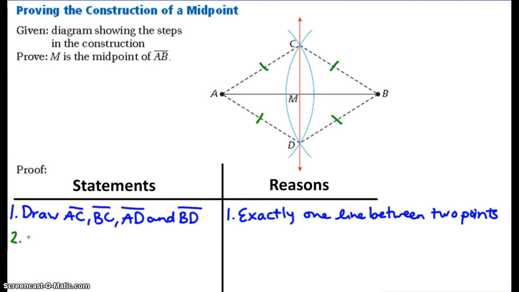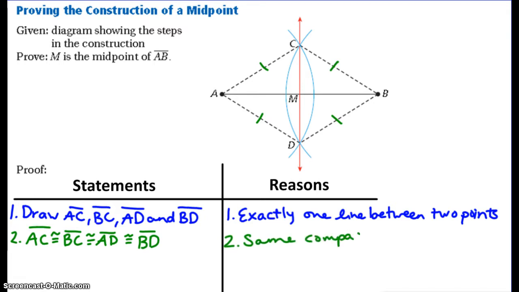So I need to write here that AC is congruent to BC, which is congruent to AD, which is congruent to BD, and that's because I set my compass to that setting. So I'm going to say same compass setting. I also know that line CD is congruent to itself by the reflexive property.